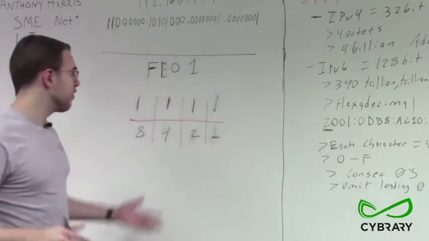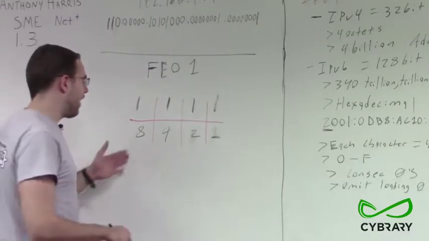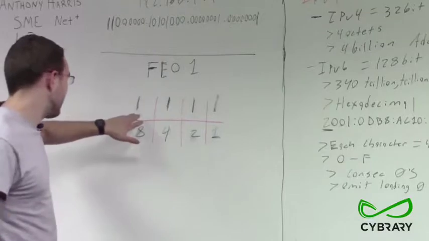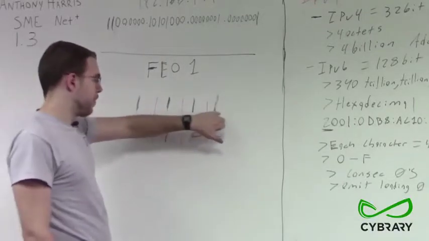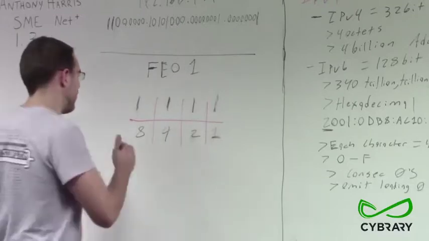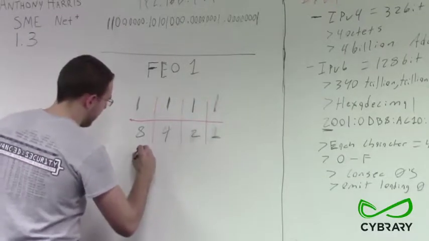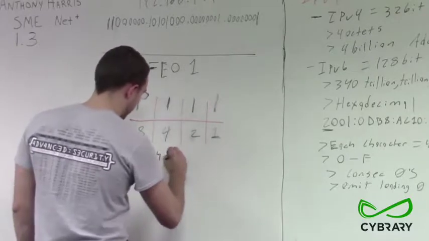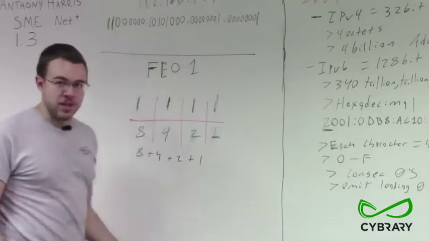Now you say, well, why can't we just use numbers if we only have up to 8 in our value? Well, when we add these up, for example, if we have every single binary digit activated in our set of 4, 1, 1, 1, 1, that will be 8 plus 4 plus 2 plus 1. Well, that's going to give us 15.